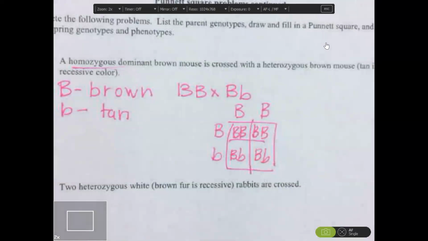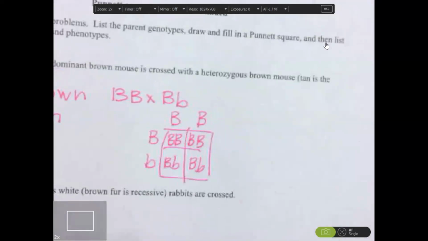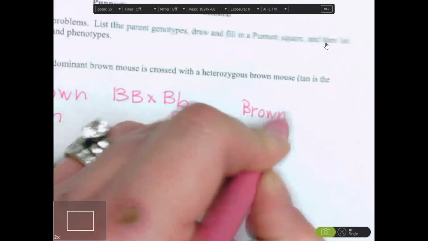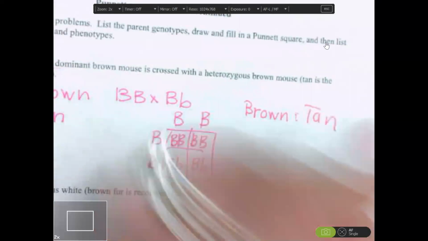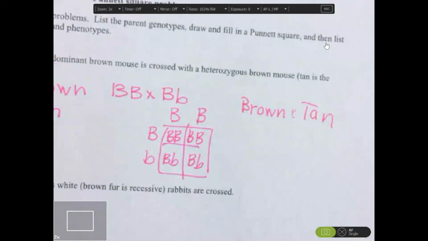And I'm going to do my ratios. So my 2 phenotypes are going to be brown and tan. I'm going to look here and see what my probability is of having a brown.